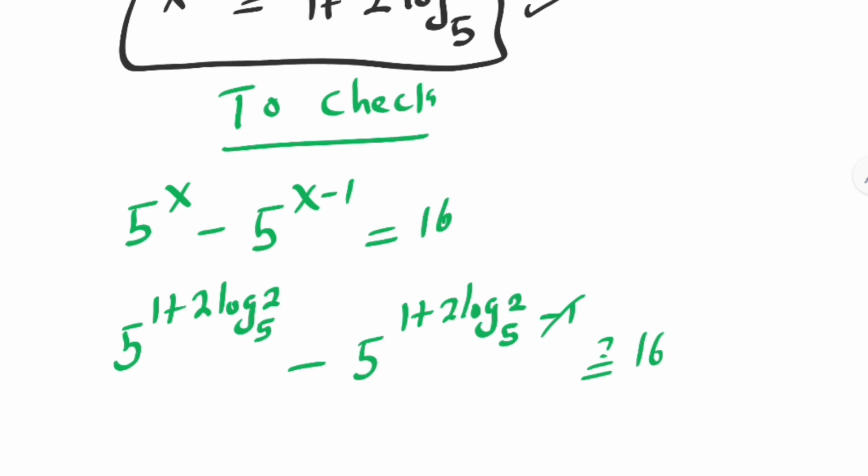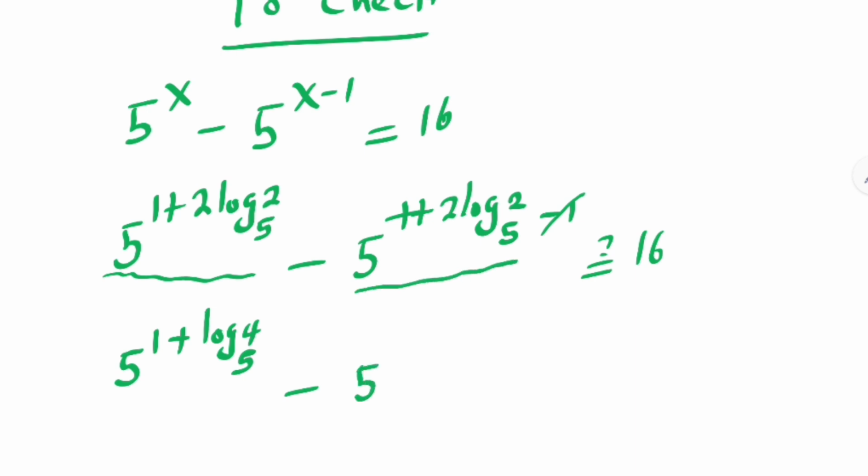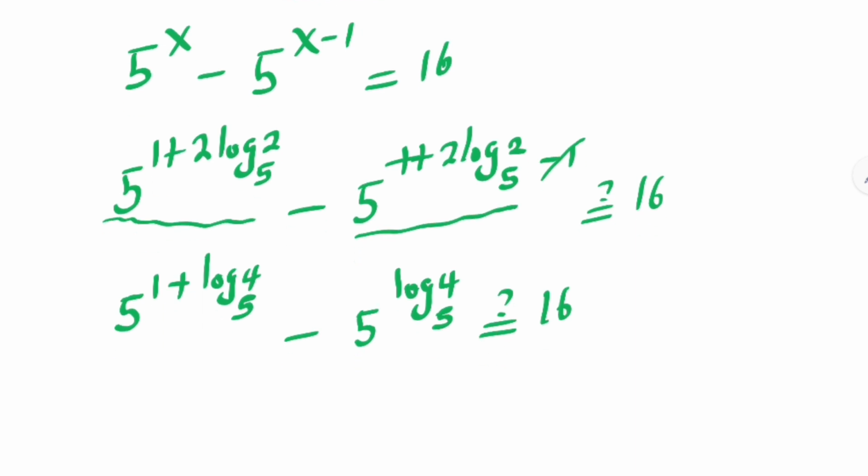This minus 1 cancels this plus 1. Then this can be written as 5 raised to power 1 plus log 4 base 5 minus 5 raised to power log 4 base 5 must be equal to 16.